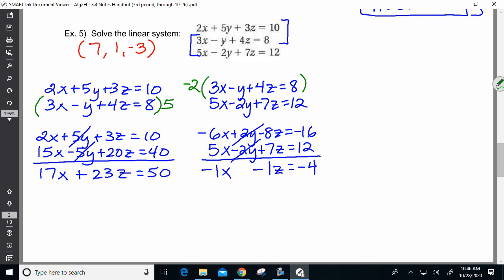So we've got our two new equations. You don't have to put the 1 in front of the variables. I just give it. Alright.